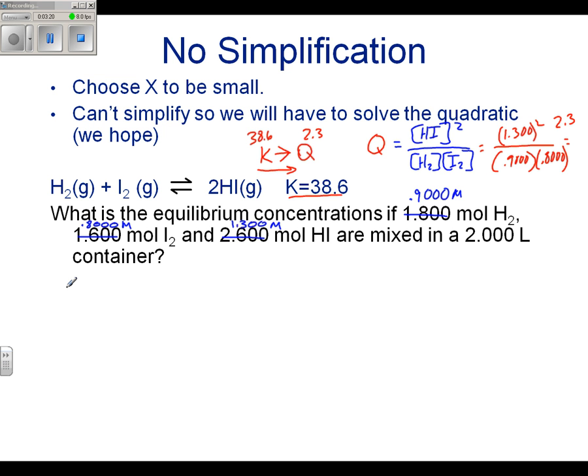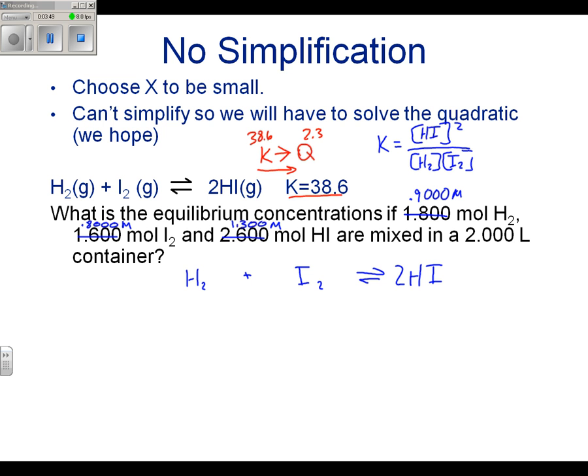And we're going to do this a little different. Still involving an ICE box. All right, so I'm going to go ahead and get rid of this here so I don't confuse you guys. And this is still my equilibrium expression. Okay. So I have H2 plus I2, and that's going to give me HI, 2 of them.